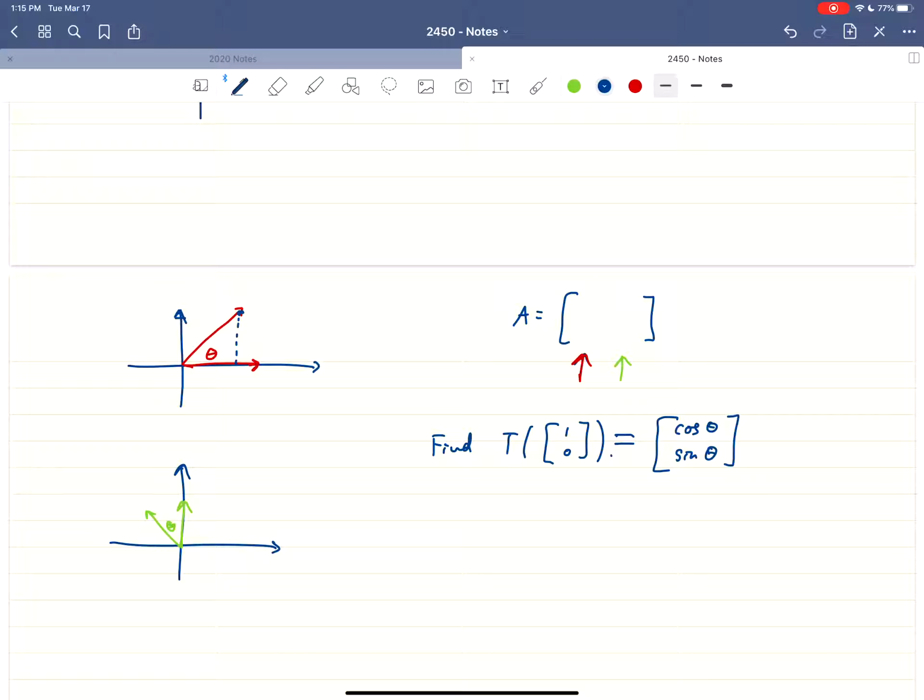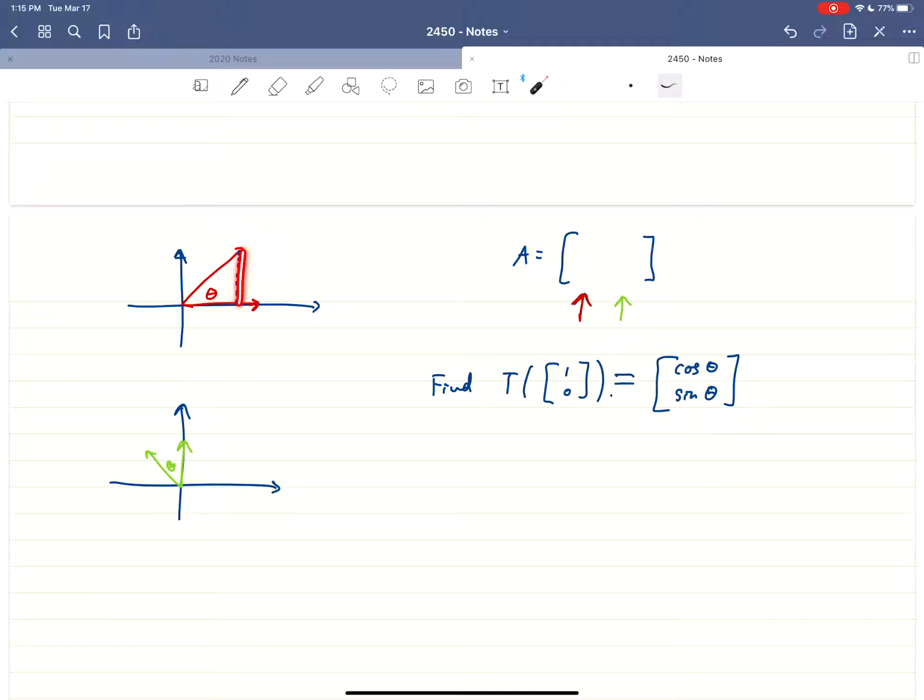There's not much for me to write to explain this, other than to know that if we start at the rightmost point of the unit circle and travel theta radians in a counterclockwise manner, the new point that we get to has the coordinates cosine theta and sine theta. When you project this onto the x and y axes, that's what you get.